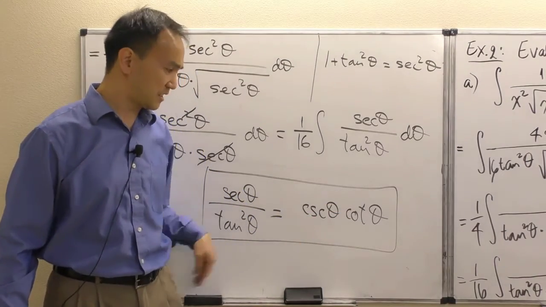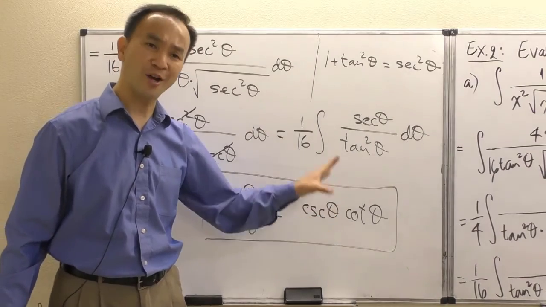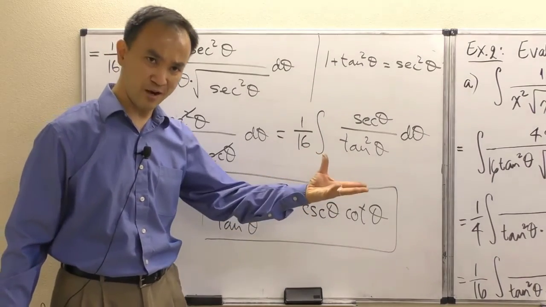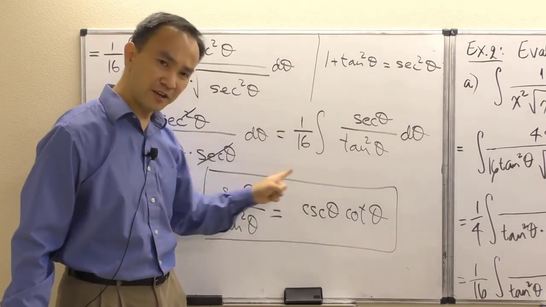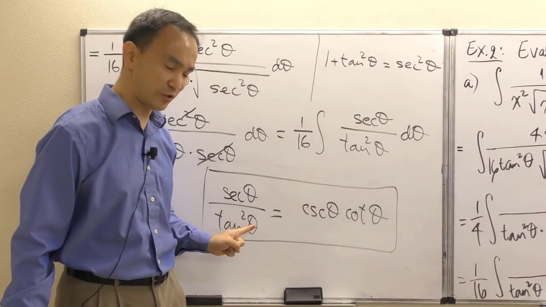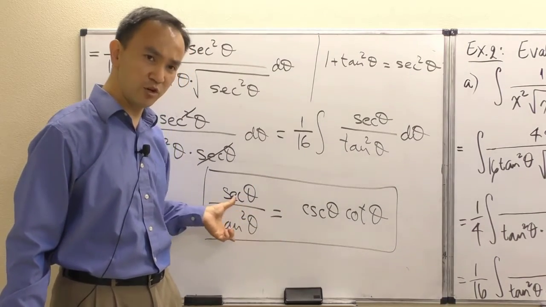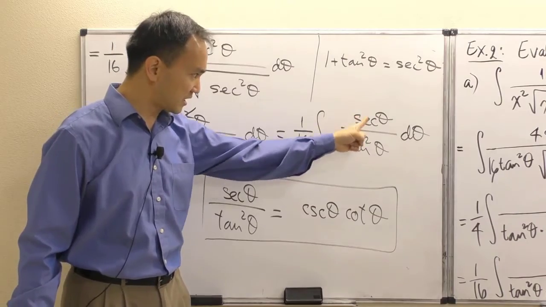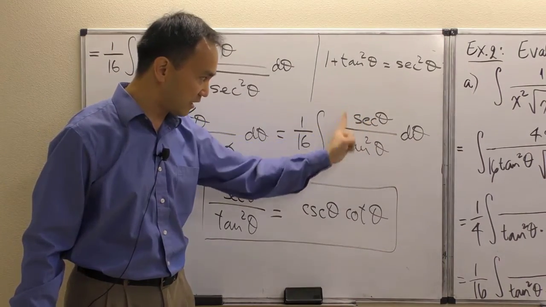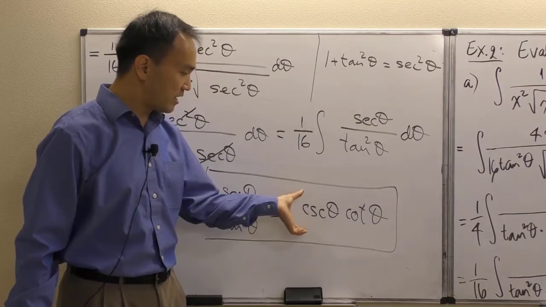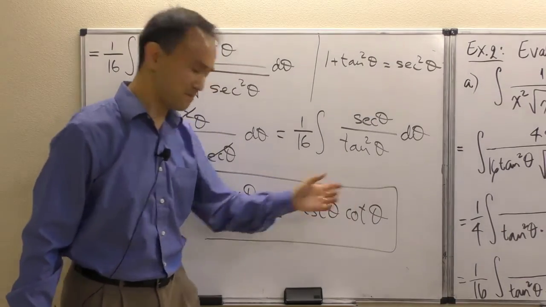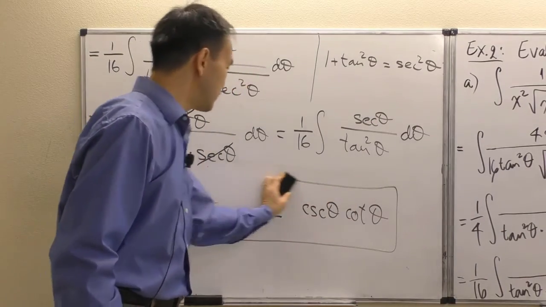Get yourself convinced. Since this is equal, in my next step the secant theta over tangent square theta can be written this way in the integral, and I'm going to erase this result.